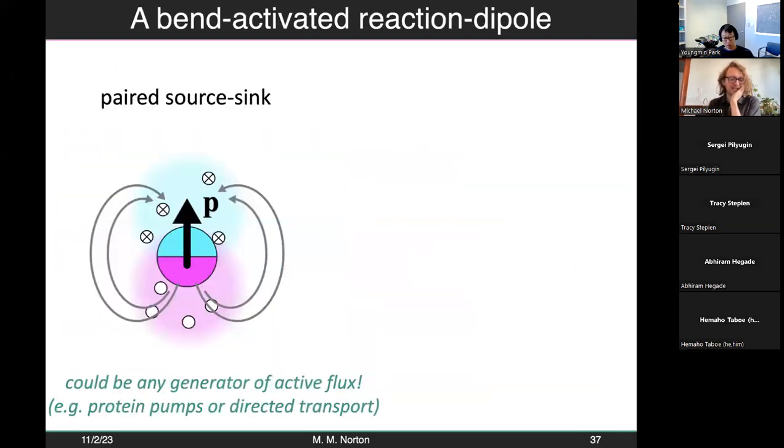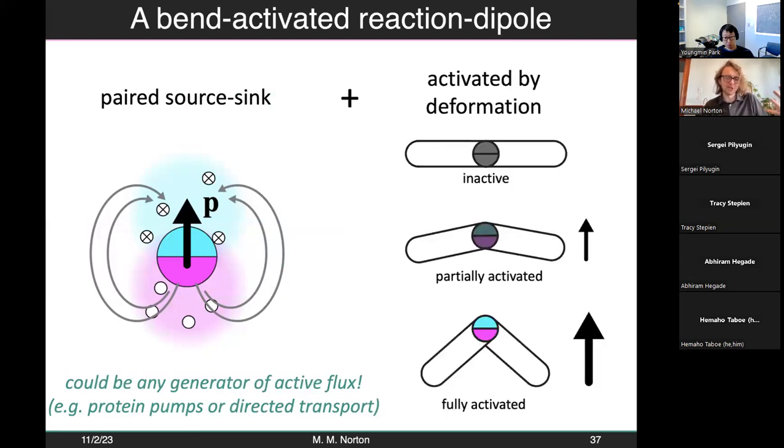And so what I'll say is that the hypothetical object that I came up with that can help us do this is what I'm calling a bend-activated reaction dipole, right? And that's a lot of words, but the idea is that we have an enzyme that points in a particular direction relative to the curvature and bend deformations of the nematic in which it's embedded.